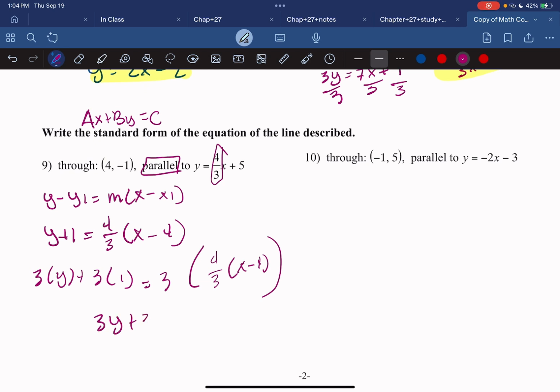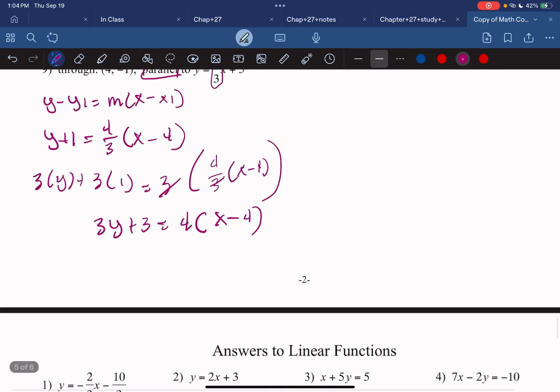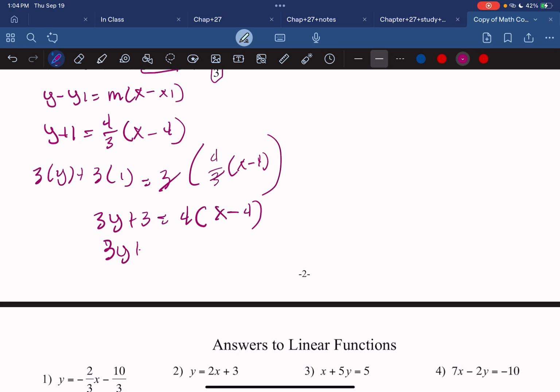Three y plus 3 equals, cancel, 4 times x minus 4. Now we distribute. 4x minus 16. Subtract 3 from both sides.